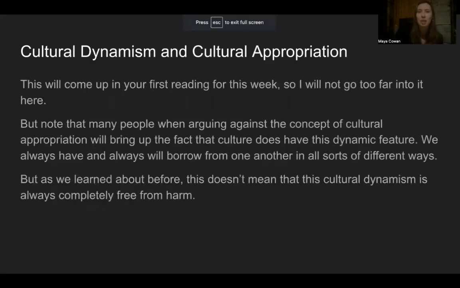And I'll skip to the next slide here because, just as an example of how this has taken place, I'm filming this late enough because I couldn't get it to work before that I've seen that some of you have already posted on the course Discord page about the cultural appropriation assignment, or the cultural appropriation prompt.